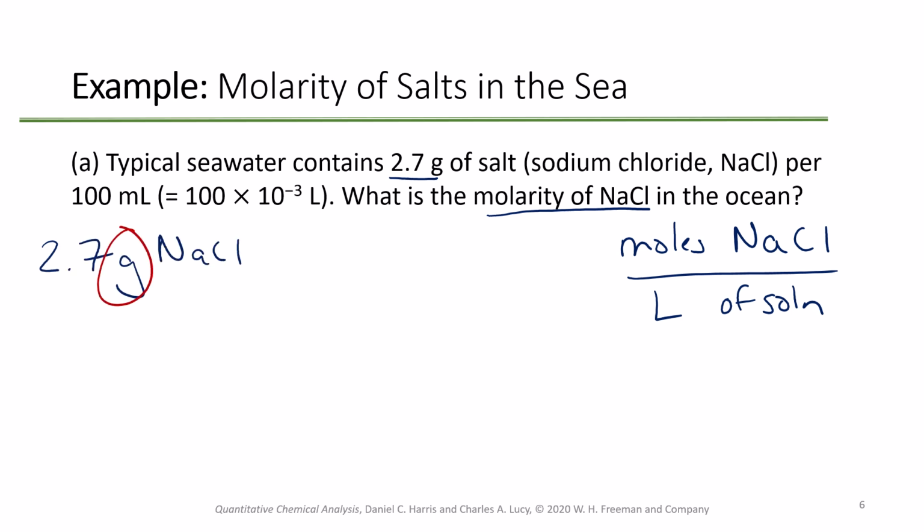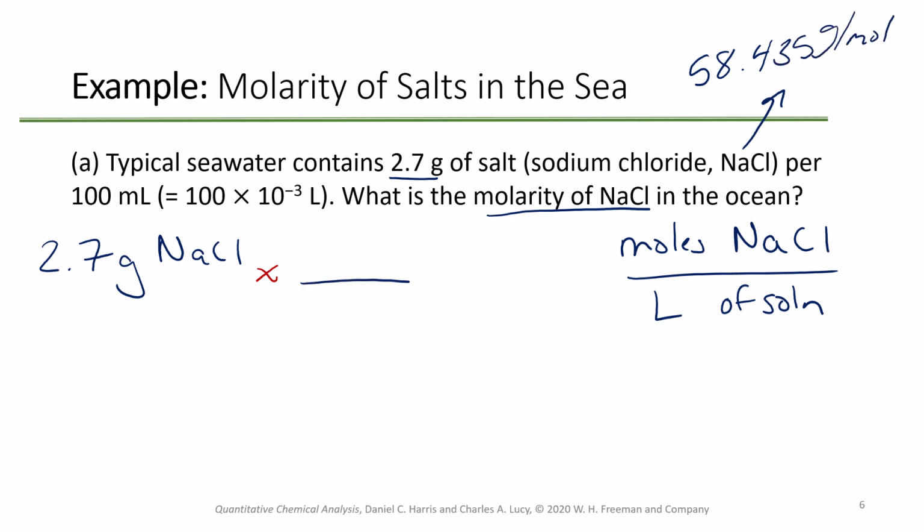Do this unit and this unit match? No, they don't match. So the first thing I would have to do is convert grams into moles using the molecular weight. I would go to the periodic table of elements, find sodium, find chloride, add them up and get the molecular weight, which I think is 58.435 grams per mole for NaCl.